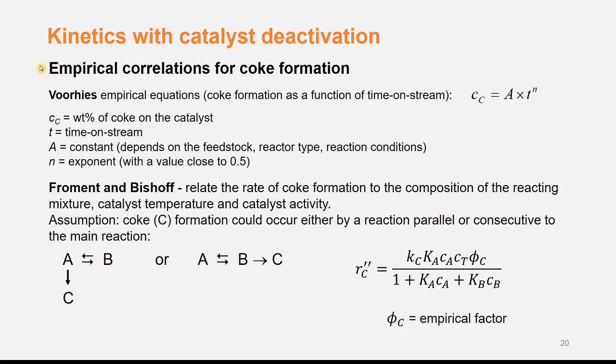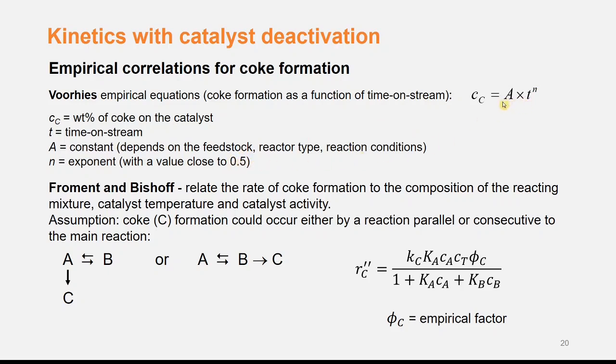Other methods have been developed to describe coke formation. Some empirical ones are shown here. Voorhees proposed a power law expression for the formation of coke. The concentration of coke, Cc, is equal to a constant A times time t raised to n, where n is a number around 0.5.